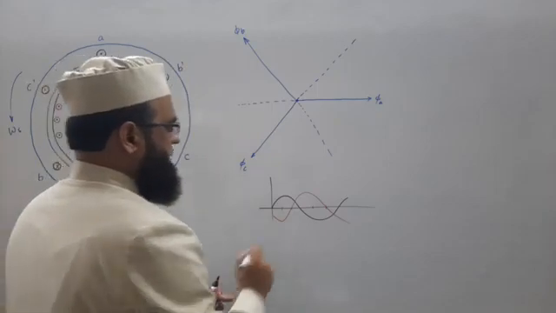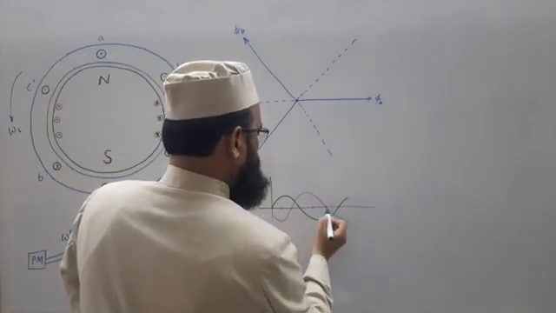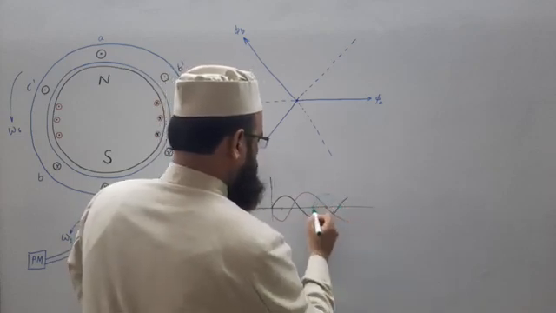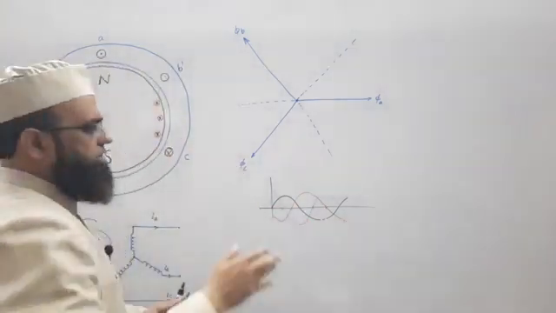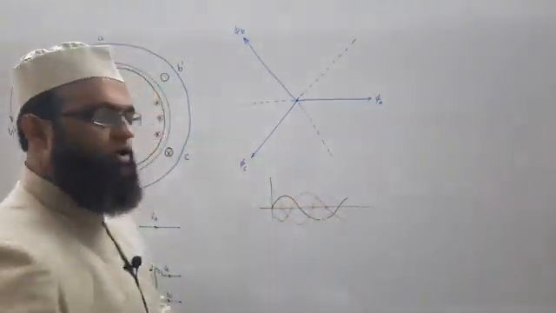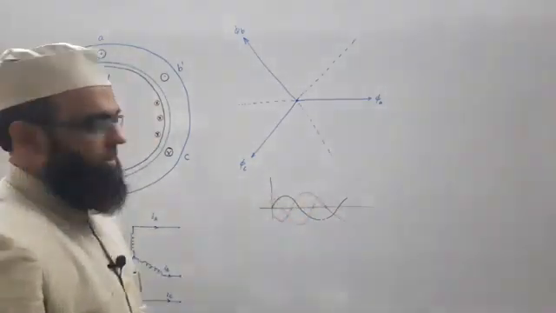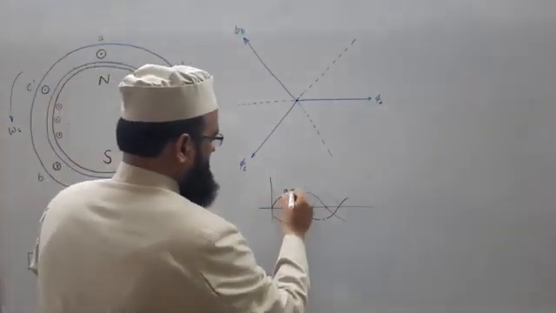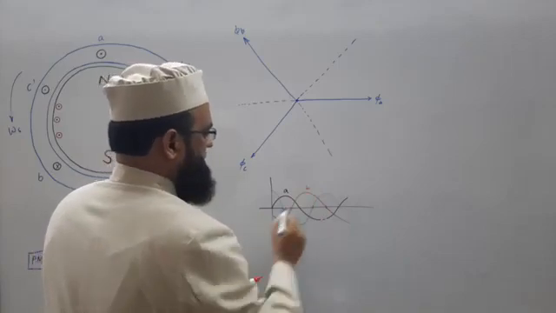Let us take another difference of 1, 2, right, 1, 2, 3, 1, 2, 3, something like that. So see, all the phases are not attaining maximum value at the same time. Suppose this is phase A, this is phase B, this is phase C.